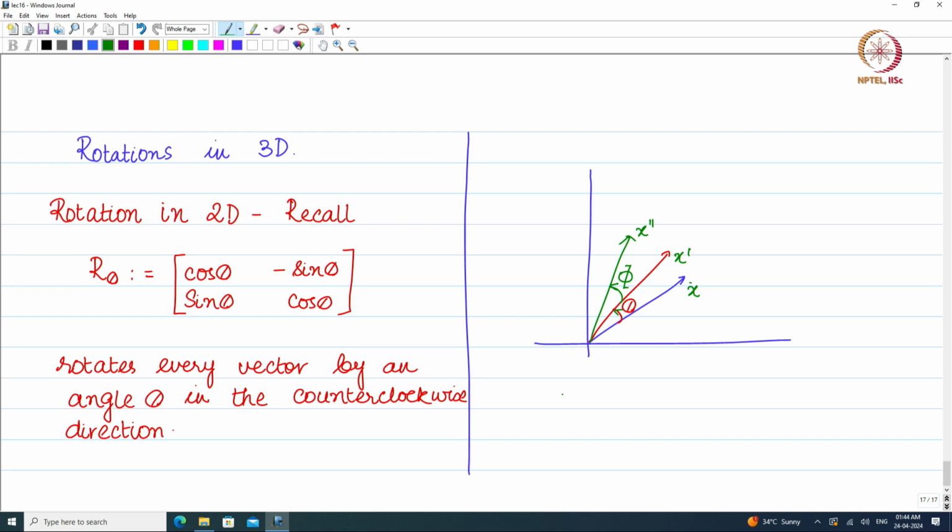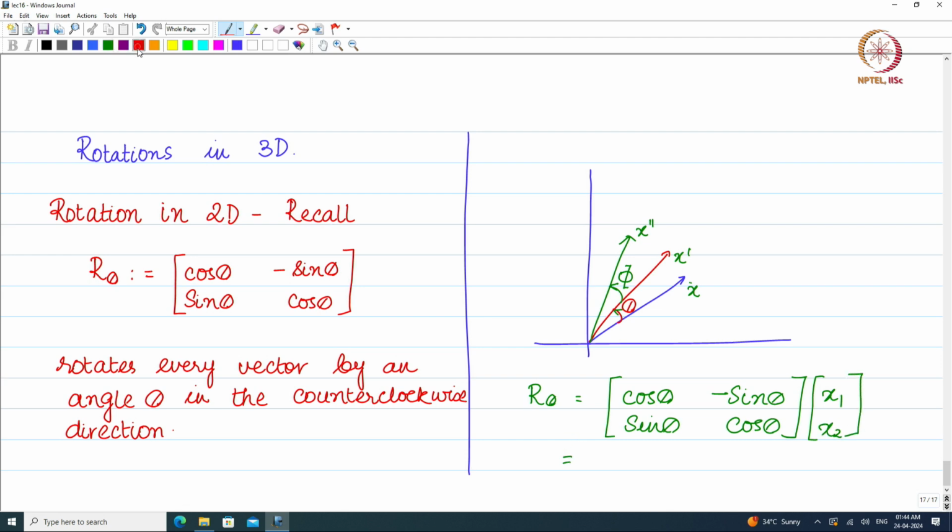So now let us look at this. The first thing that we have is R theta of a vector x, which is nothing but cos theta, sin theta, minus sin theta, cos theta, of a vector x1 comma x2. Now what did that give me?